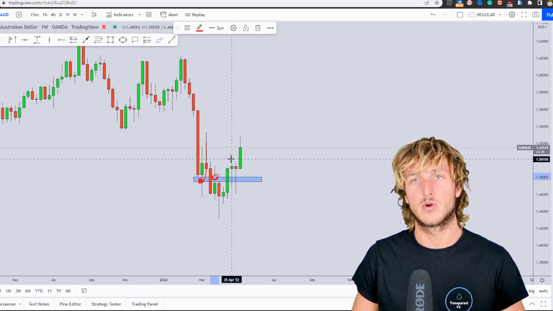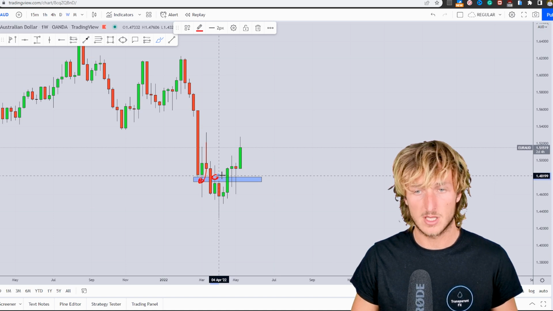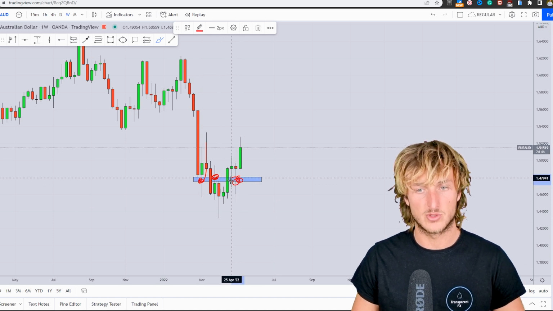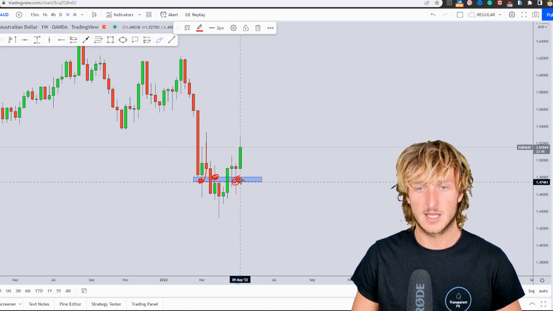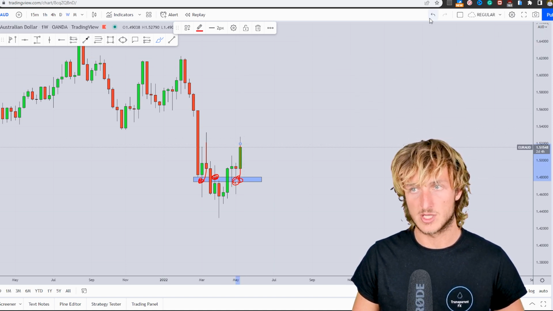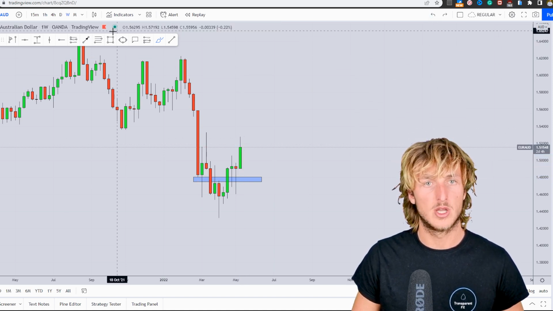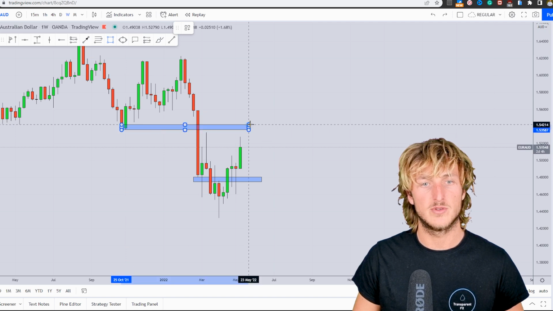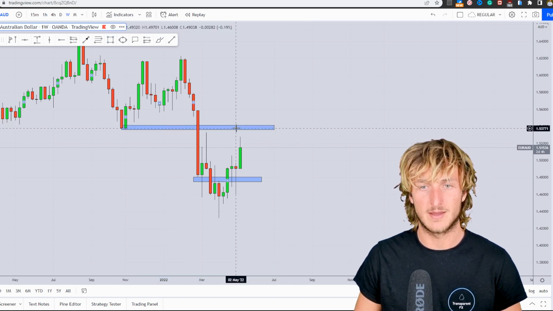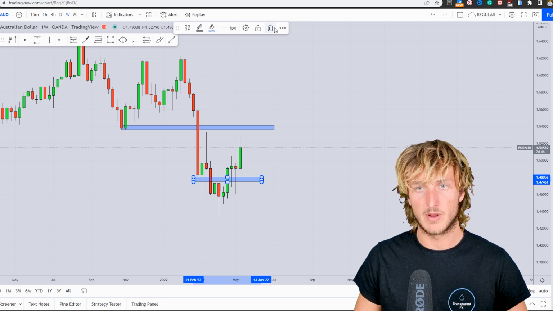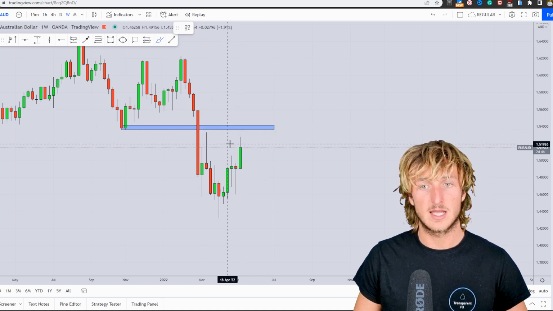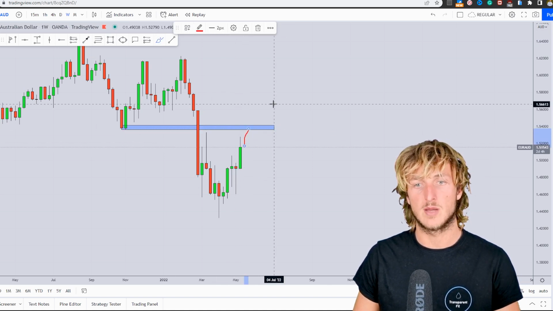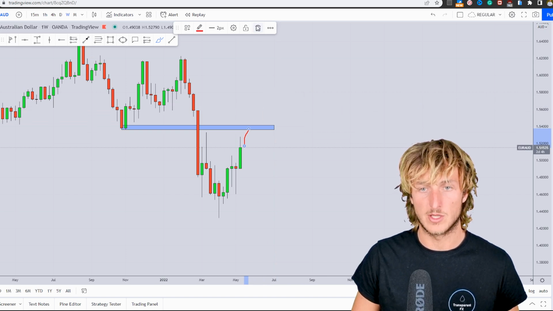However, we have now broken once again above this resistance. So this previous resistance is now turned support. The market has already tested it and started to reject it to the upside. And in a situation like this, considering that the nearest previous support turned resistance, looking left, would appear to be around this area, it seems like there is definitely room for some more bullish continuation.